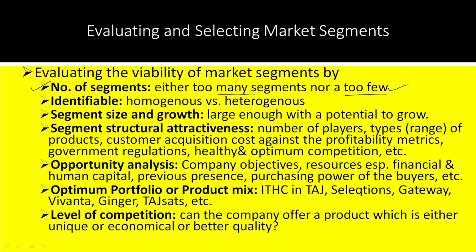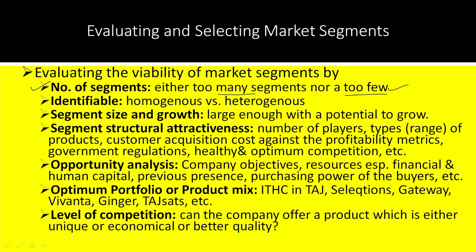Okay. So, maintaining homogeneity is very important. So, it should not segment the market into too many parts, and it should not segment the market into too few parts either, in the wake of saving resources.